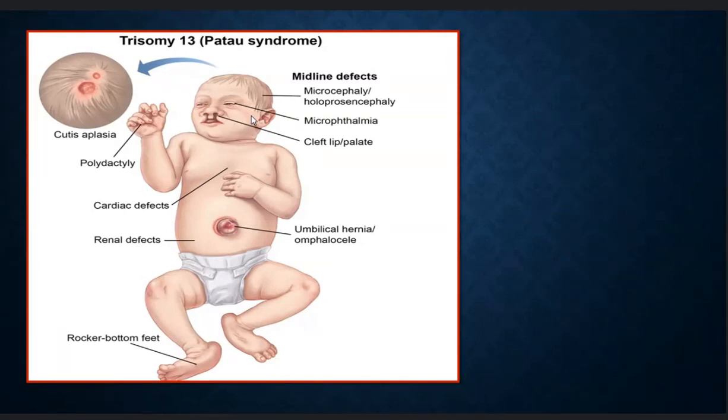Now, what about the intellectual disabilities? Also for those live-born, there is a severe intellectual disability, not like Down syndrome, which is mild to moderate. And what about the life expectancy?